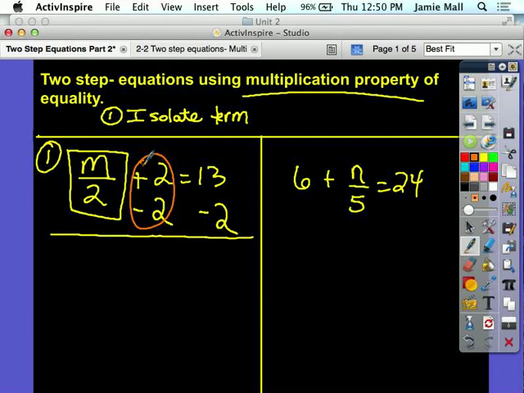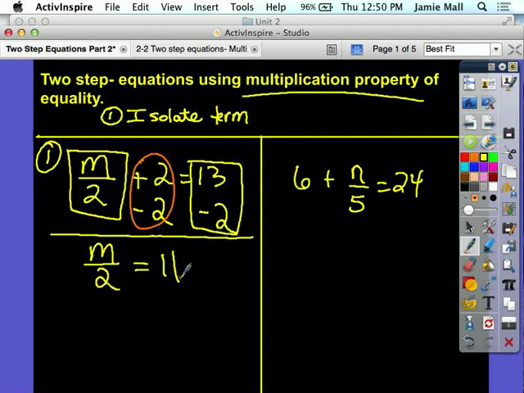Once we are finished with that first step, we're going to continue by simplifying the problem to what's left over in the equation. So I'm still left with the term with the variable, m divided by 2, is equal to, and now I'm going to simplify 13 minus 2, as you see here, 13 minus 2 is 11. Now I'm left with a one-step equation left to solve.